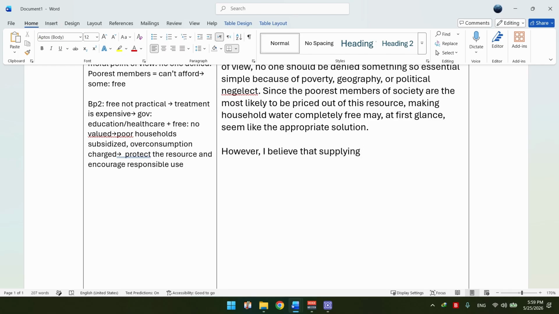Supplying clean water free to everyone, including the wealthy, is not practical.